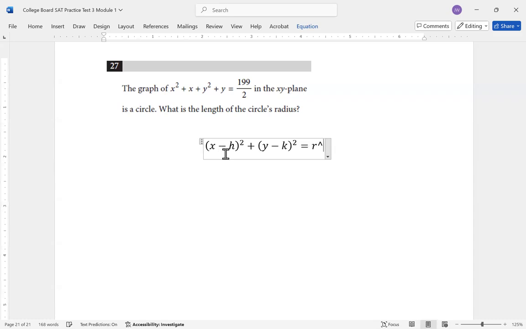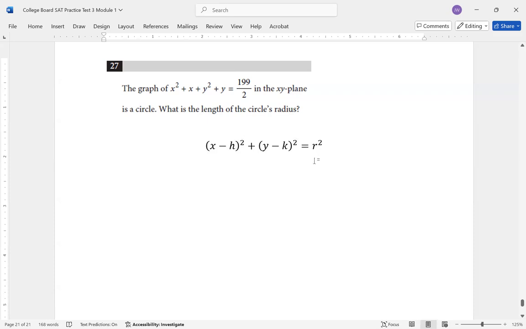So all I have to do is transform this equation into this one to figure out the radius.